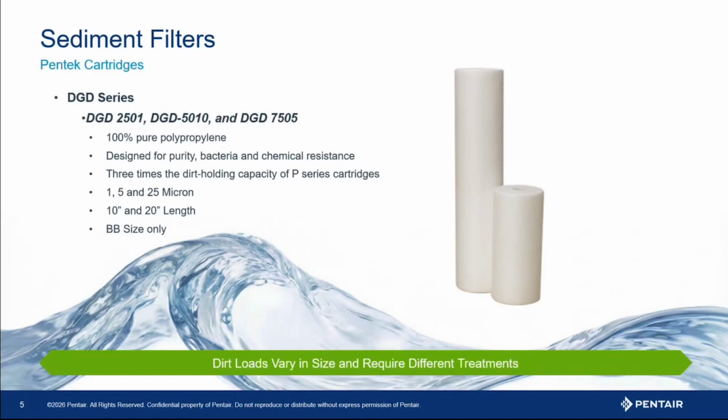I may even swap out that cartridge. But it will also show you if you have dirt load across the entire spectrum of that cartridge. And if the core is dirty, you will see things that are getting through that are below that size. So it's a great way to evaluate dirt load without doing any testing when starting out.